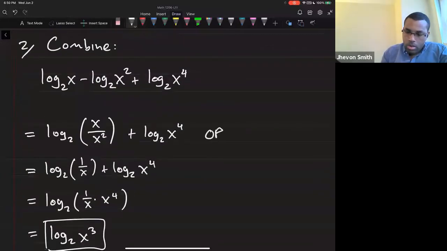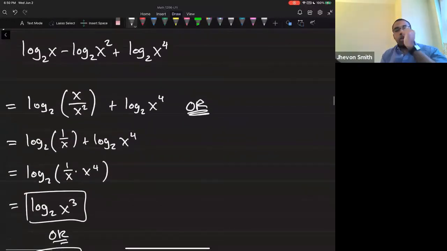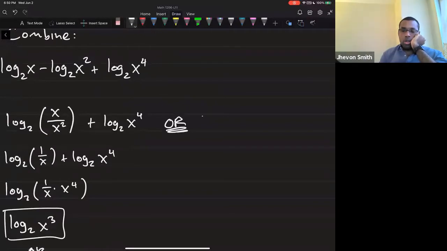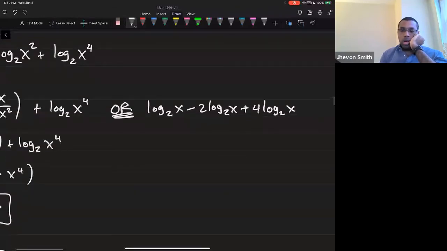By the way, I could have, instead of doing the rules where I combined them by doing the multiplication and division thing, I could have actually just brought all the powers down. And then we kind of do that, oh, 1 apple minus 2 apples plus 4 apples kind of thing. And you would still end up with 3 apples.